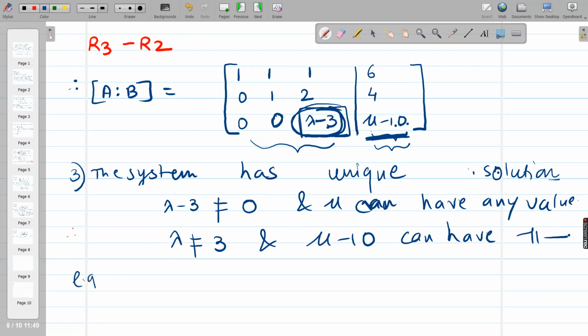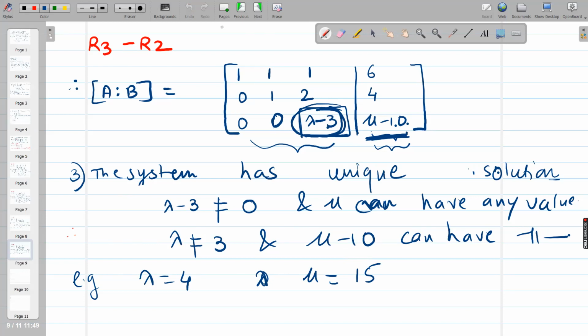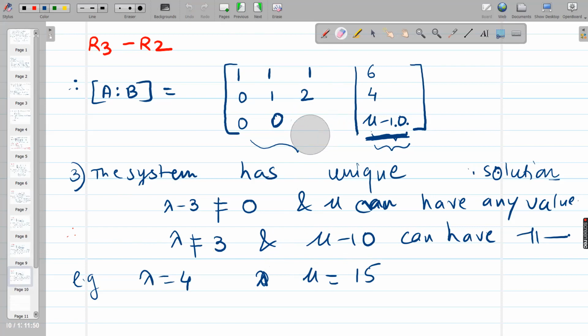For example, if I put lambda equal to 4 and mu equal to, say, 15, then my system would become, I'm just substituting here, lambda minus 3, so that is 4 minus 3, and this is mu minus 10, so 15 minus 10.